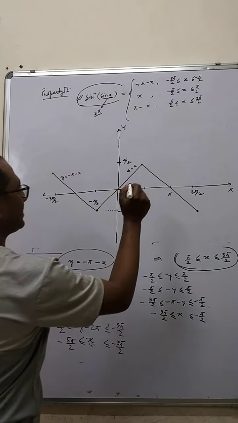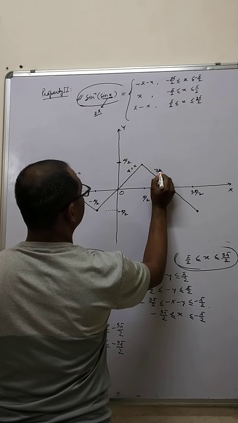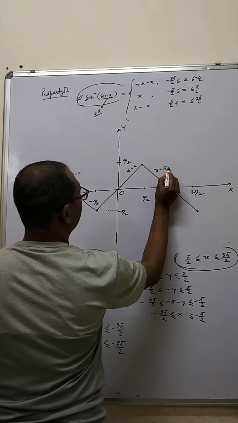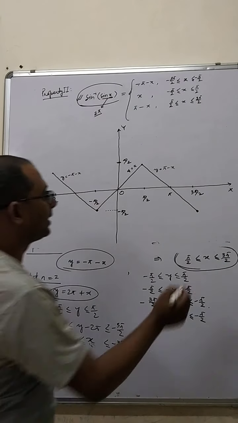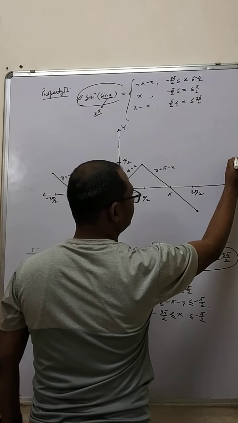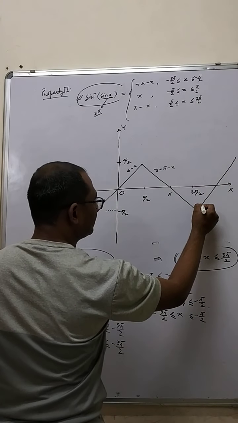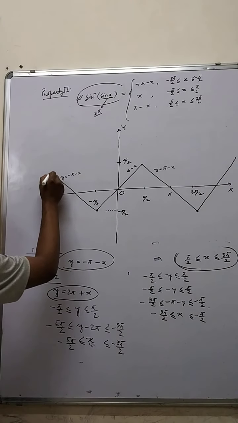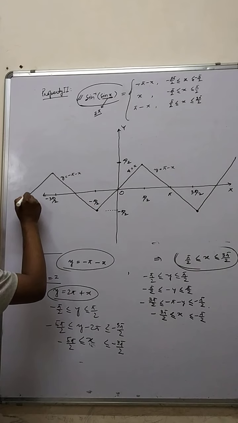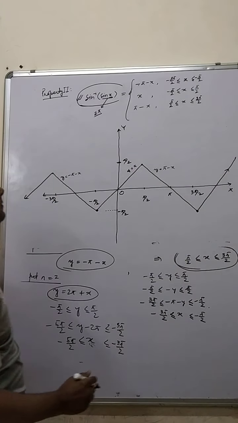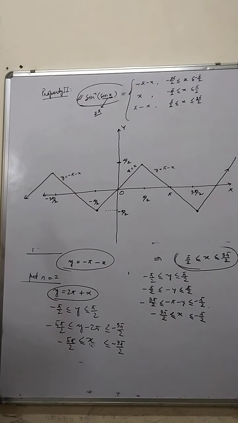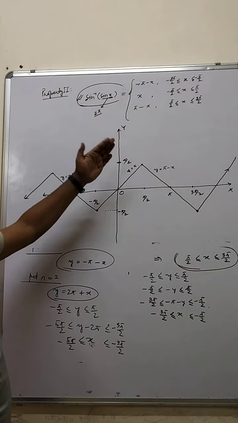In this case we'll get y equal to pi minus x. Next the graph will go on going like this. So this is the graph of sine inverse of sine of x in different intervals.